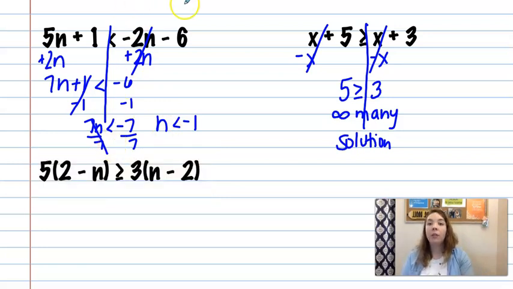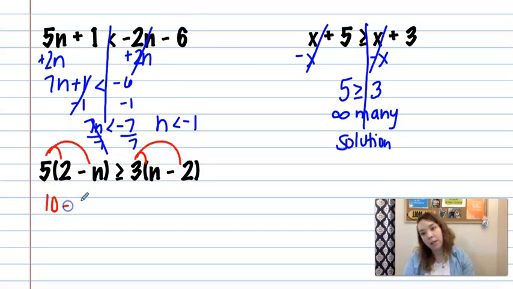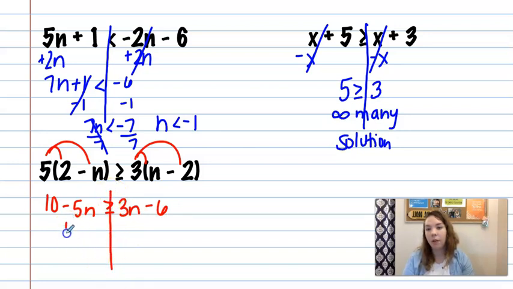All right. On this one, the first thing we want to do is distribute. So you have 10 minus 5n is greater than or equal to 3n minus 6. And then we will continue solving. So I'm going to add 5n to both sides.